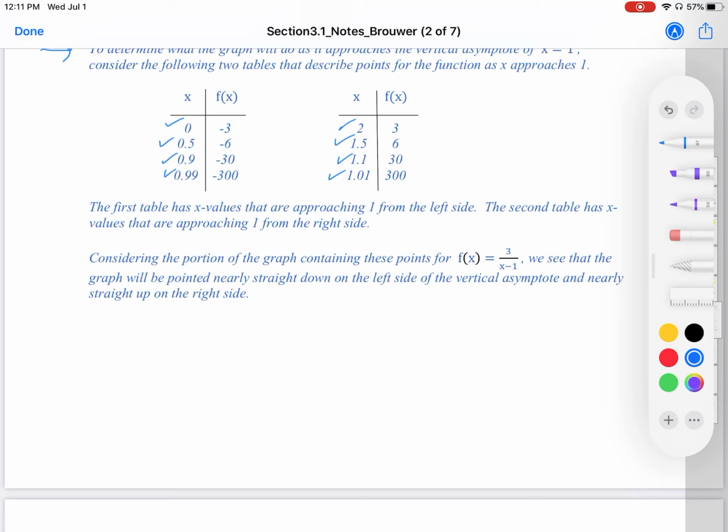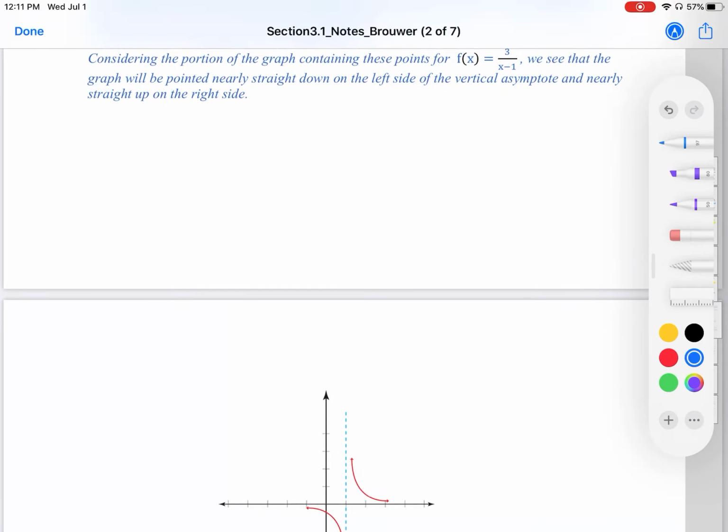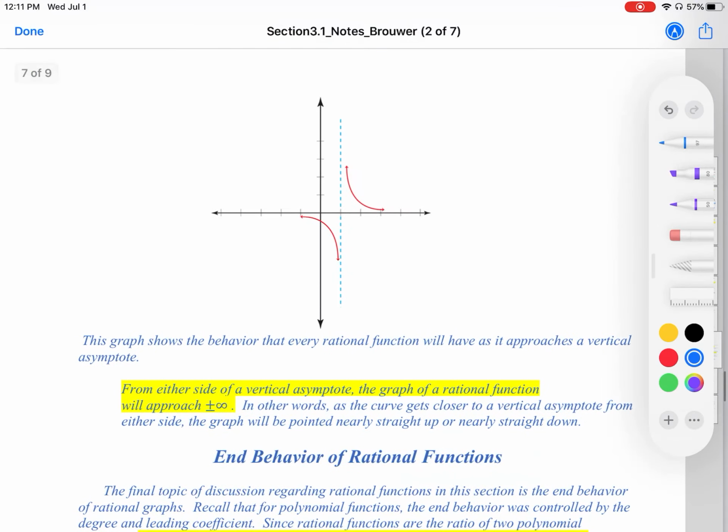The second table has x values approaching 1 from the right side. Considering the proportion of the graph, continuing these points from f of x equals 3 over x minus 1, we see that the graph will be pointing nearly straight down on the left side of the vertical asymptote and nearly straight up on the right side.